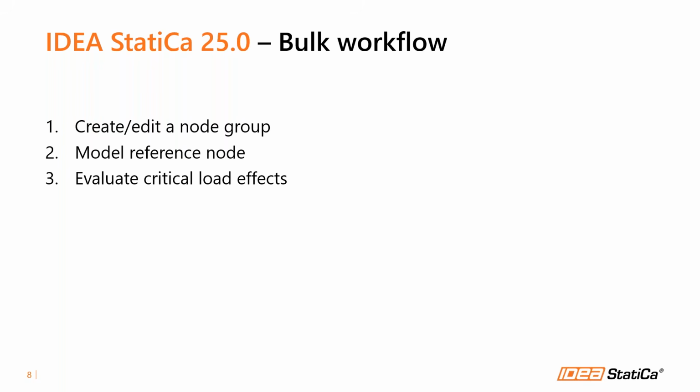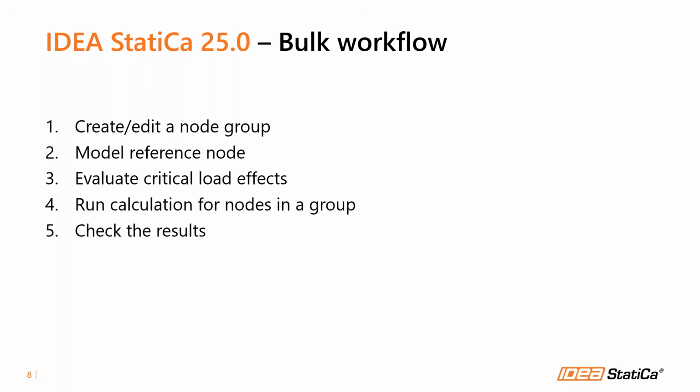Then we'll evaluate critical load effects, also to reduce the workflow here. As I mentioned, we have 60 load combinations defined for this project. You will see how many we'll have once we activate this algorithm. Then we're ready to run a calculation for nodes in a group or for single nodes, because that is also possible. Then we'd like to take a look at the results and verify if everything is correct there.